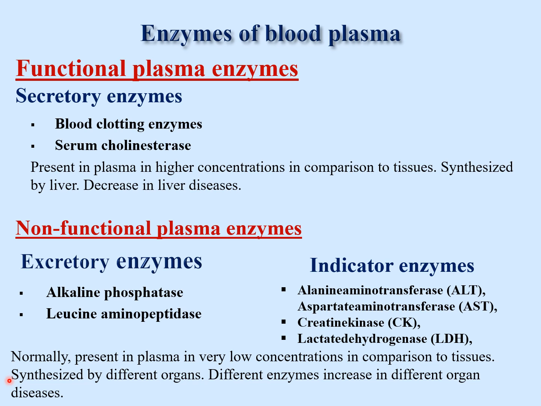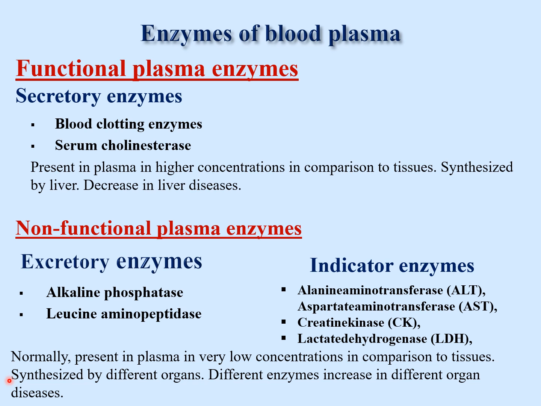Here you can find examples of tissue enzymes: alanine aminotransferase, aspartate aminotransferase, creatine phosphokinase or creatine kinase, lactate dehydrogenase, and others. As a rule, these non-functional plasma enzymes are present in our blood in low concentration, with low activity in blood.